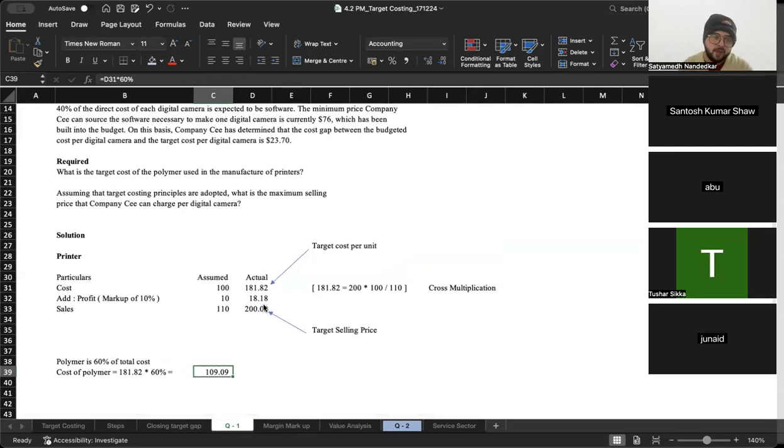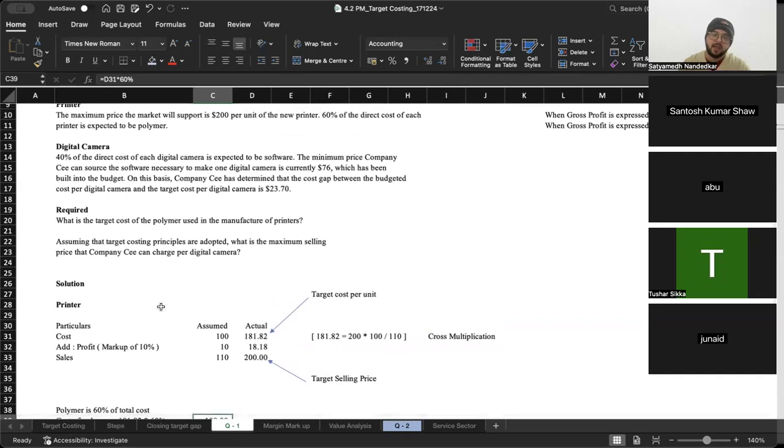Now, assuming that target costing principles are adopted, what is the maximum selling price that Company C can charge per digital camera? Again, let's see the data that is given for the digital camera. 40% of the direct cost of each digital camera is expected to be software.